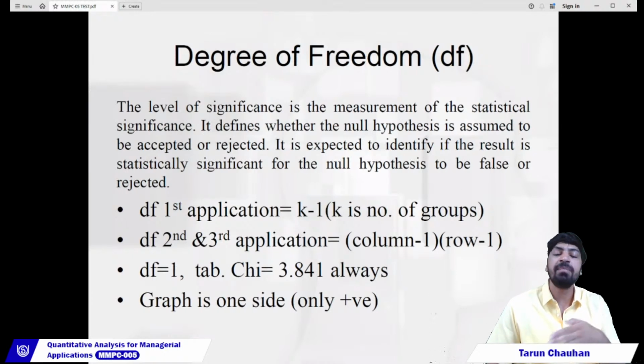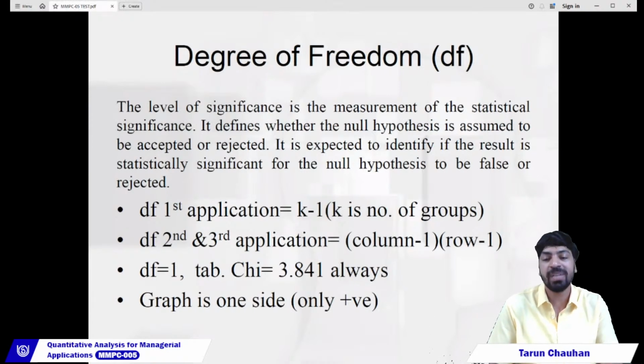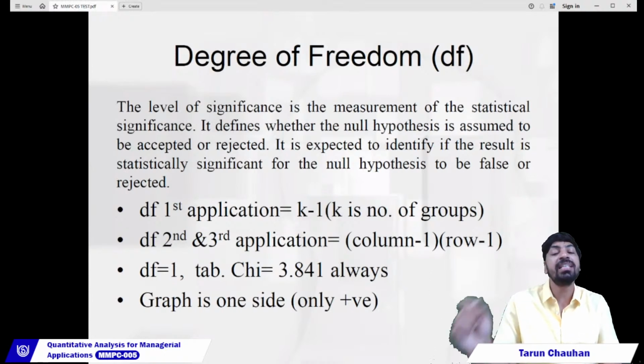It depends on how many columns and how many rows have been given in the particular scenario. When you subtract 1 from each and multiply them, you will easily calculate the degree of freedom in the case of a contingency table.